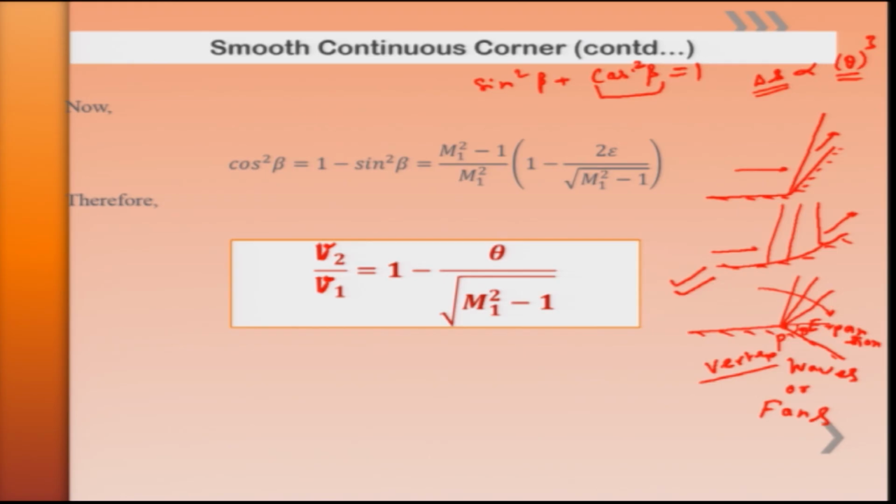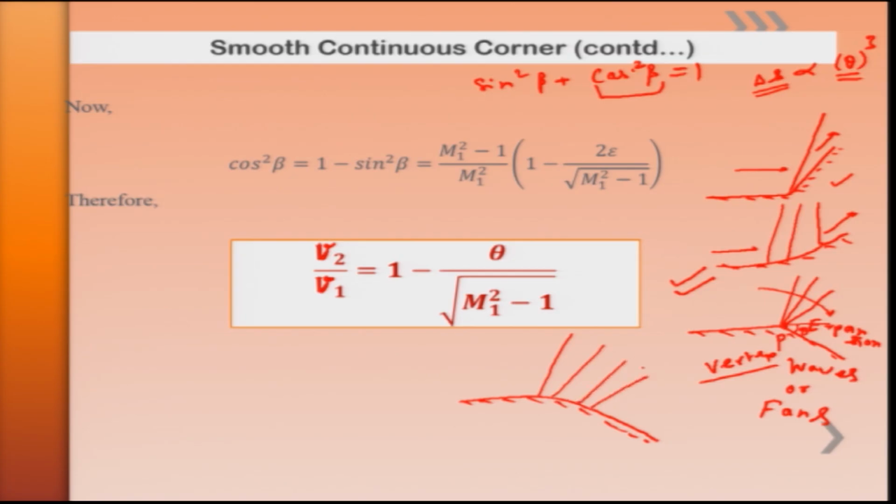Whereas to reduce this problem, I can again, likewise I did for the compression front case, make the variation in the surface continuous rather than sharp. Then the expansion fans which will be generated will be distributed something like this.